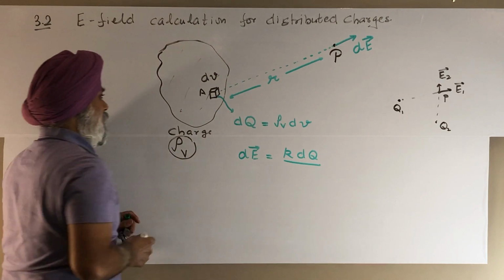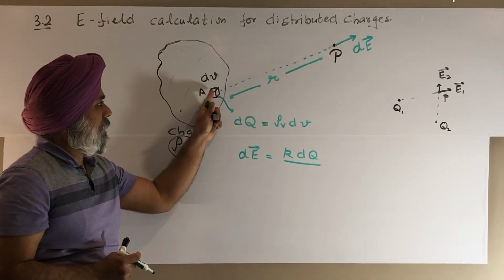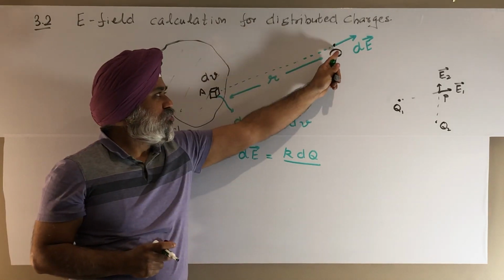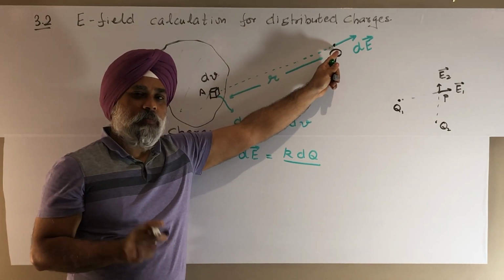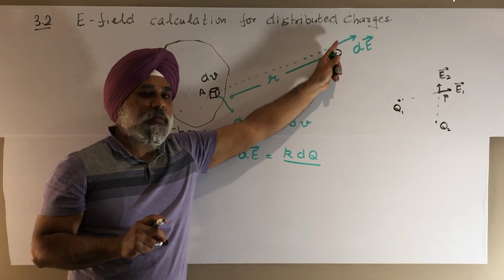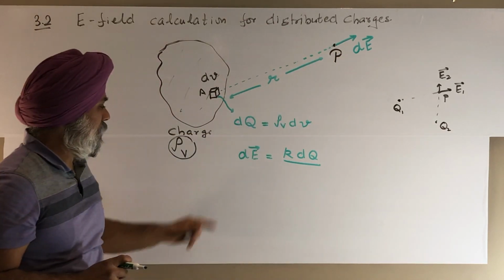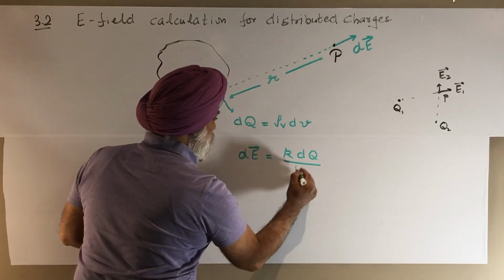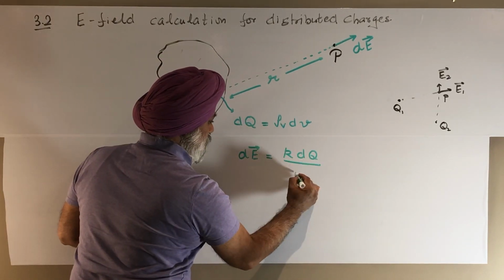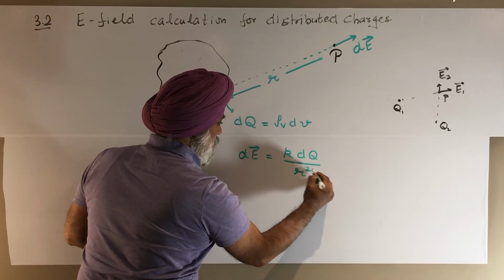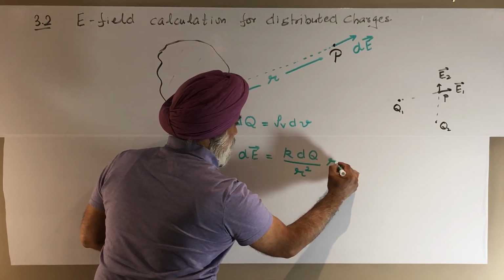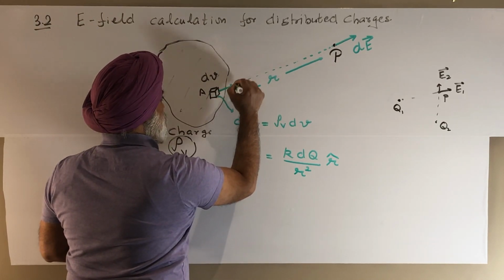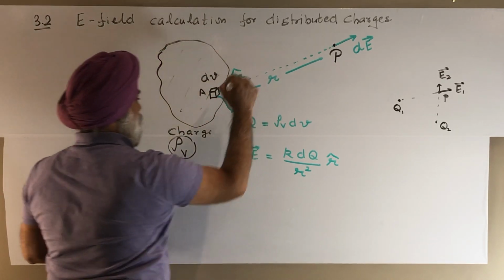The distance r I'm calling is from my arbitrary point on the charge to the point where I'm measuring, P. P we will always call the observation point. So dE becomes k dq by r squared. I'm treating dq like a point charge, so that becomes r squared, and it is in the direction of line AP, which is this direction, r hat.